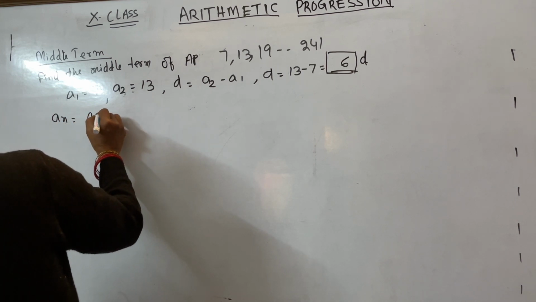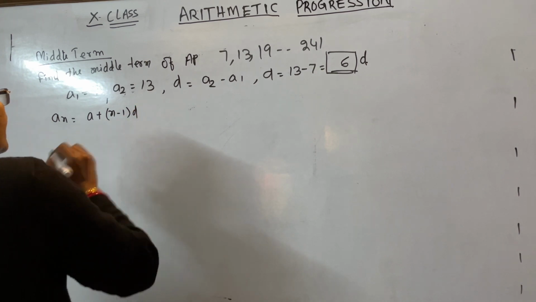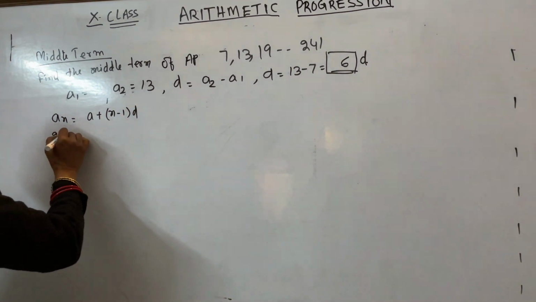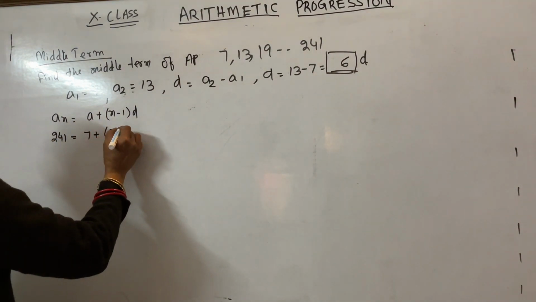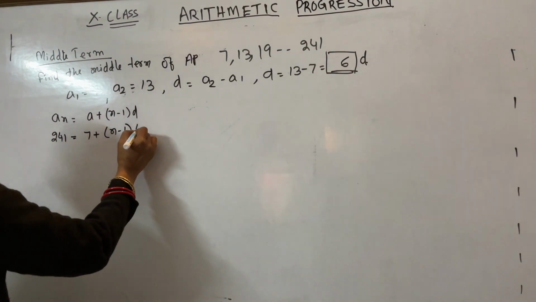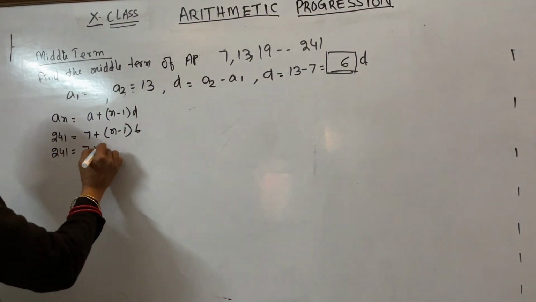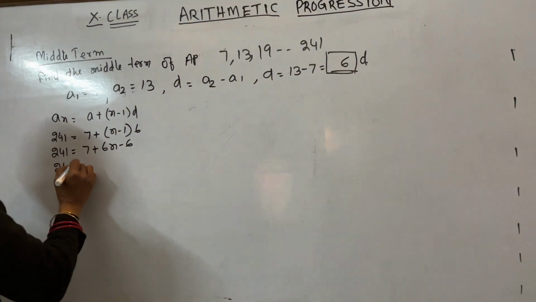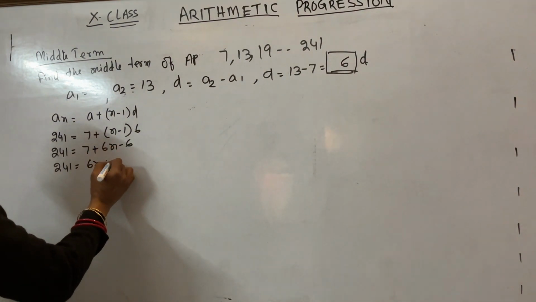An equals A plus n minus 1 into D. So what is our nth term? 241. A is 7. We don't know the number of terms. D is 6. Now 241 equals 7 plus 6n minus 6. 241 equals 6n plus 1.